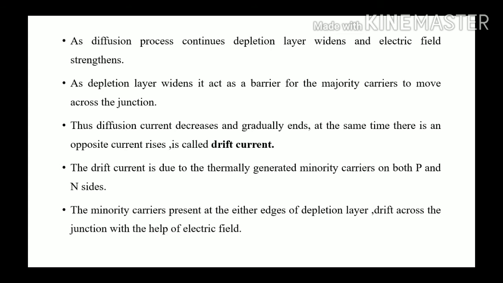At the same time, an opposite current arises, called drift current. The drift current is due to the thermally generated minority carriers on both P and N sides. And these minority carriers will drift across the junction with the help of the electric field.